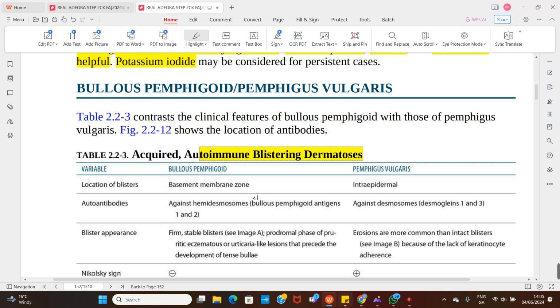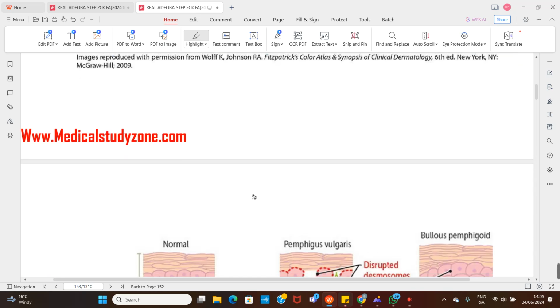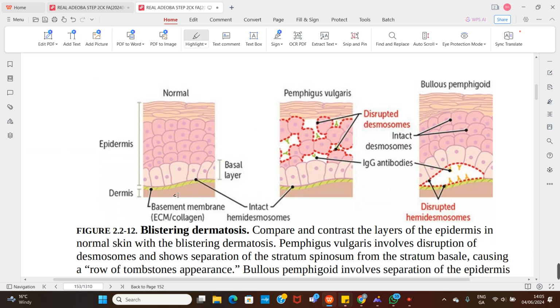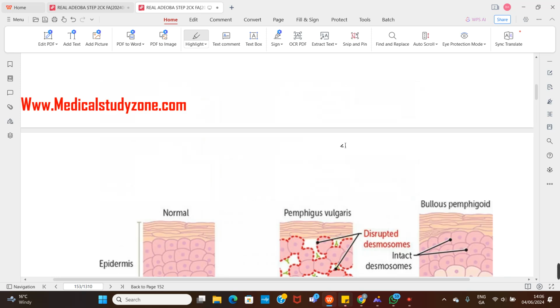The blisters for bullous pemphigoid are located down at the basement membrane. This is the epidermis. This is the dermis. This is the basement membrane. So this is where the blisters are formed for bullous pemphigoid. So here, this is where the fluid is going to be accumulating, because this is where the problem is.